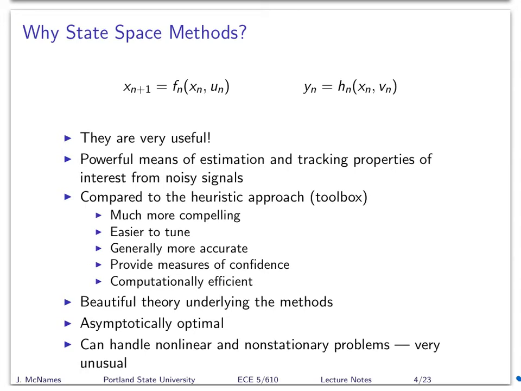Now, if we only had this equation, this could also be a class on just statistical estimation and not a signal processing class, because at any given time, the things that you're measuring only rely on the state at the current time. But one of the things that happens in most of the applications that we as engineers work on is that we know more about the state than can be expressed by this equation.